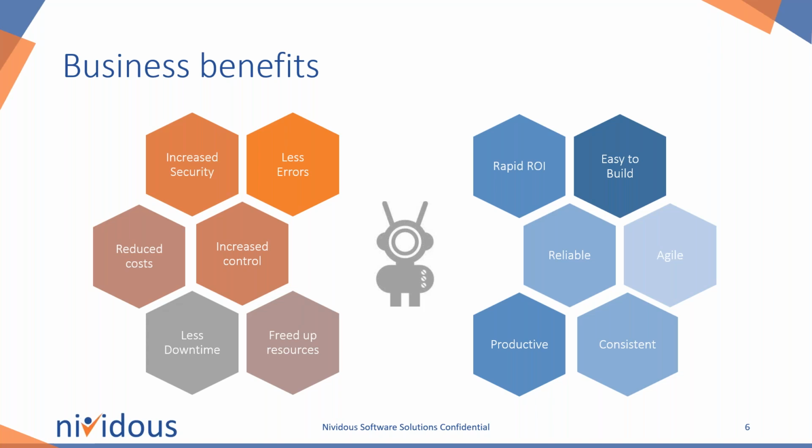So some of the benefits that you see when you look at using RPA as compared to humans for doing the same tasks is a more secure system, less error prone. You get a lot more control and documentation over what you're doing.